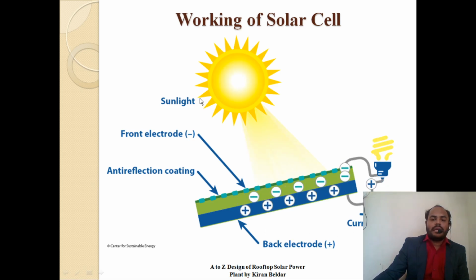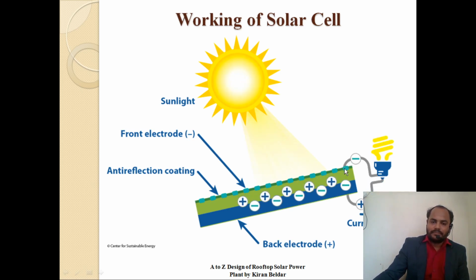Now whenever sunlight falls on the front side of a solar cell, the photons are absorbed by these materials. Because of the absorption of a photon, the electrons get excited, and there is an interchange between the holes and the electrons.